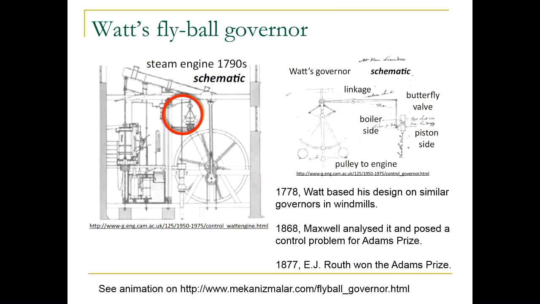But it turns out that this problem was regarded by the mathematical society as such an important problem that there was a competition. They said, okay, if someone solves this problem, you get an award. So it turns out that Routh won the Adams Prize for his work. He basically solved the problem of stability. So the question was, if I have a mathematical model of a system, what conditions would guarantee that the system would be stable?